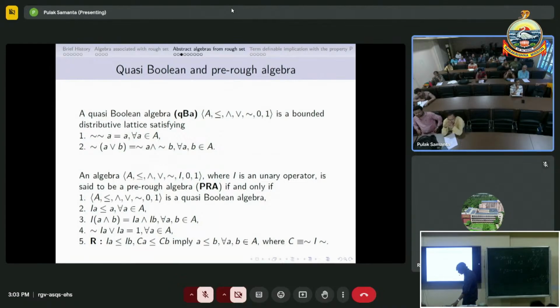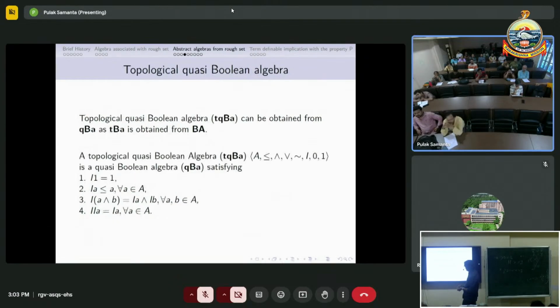As a topological Boolean algebra can be obtained from Boolean algebra, in a similar way we can have a topological quasi-Boolean algebra from the quasi-Boolean algebra: one binary operator and one unary operator I, which satisfies the same conditions as in the Boolean case.